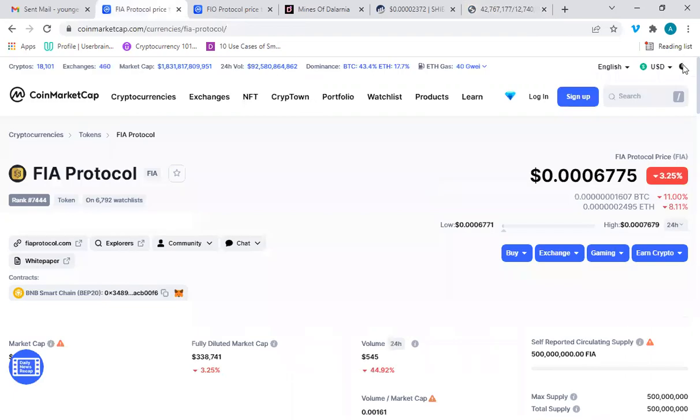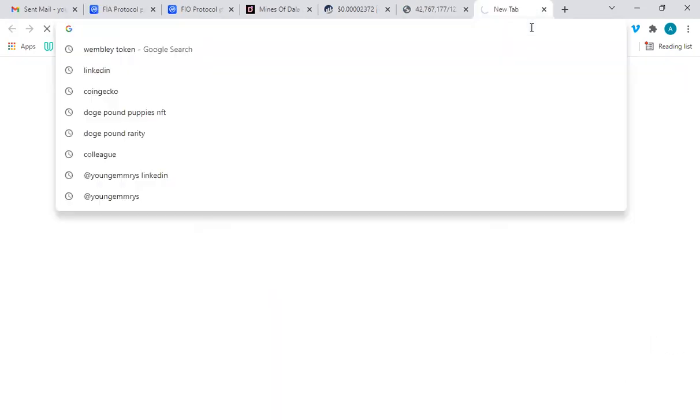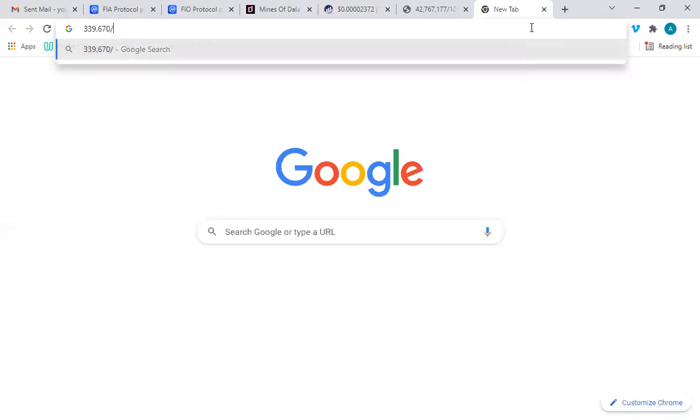Now let's calculate another one. There's another coin that I have analyzed before that has a very high trading volume of 90. Let me calculate this one. Divide by.